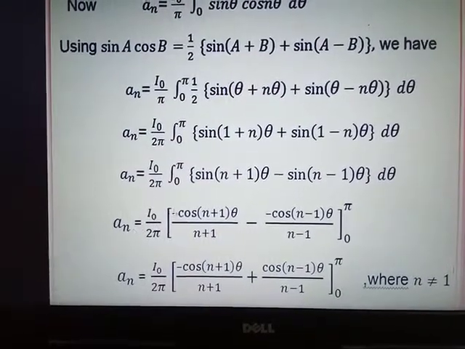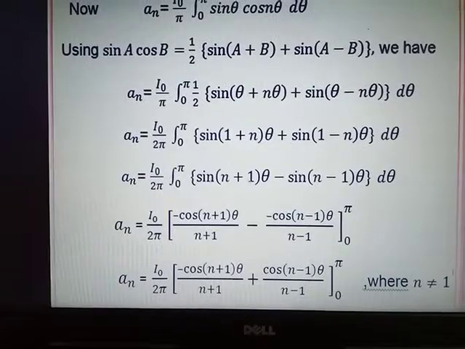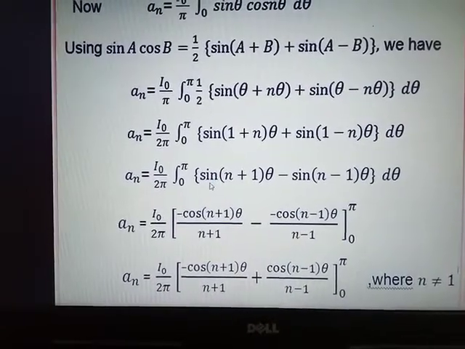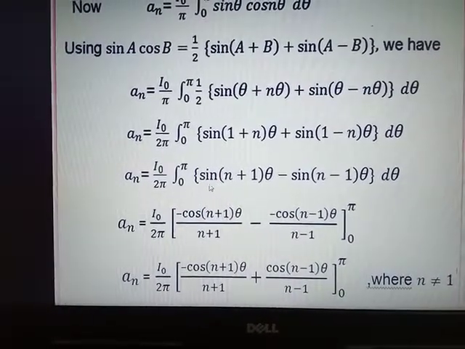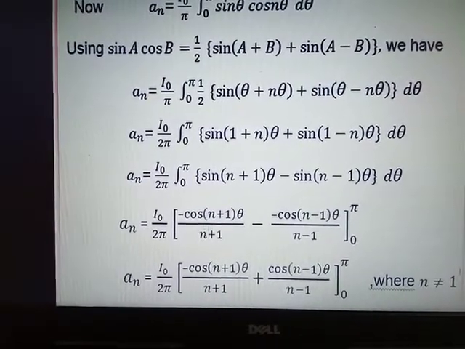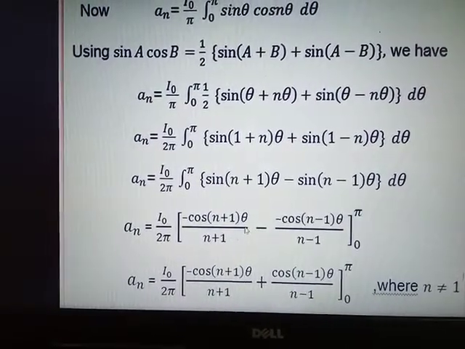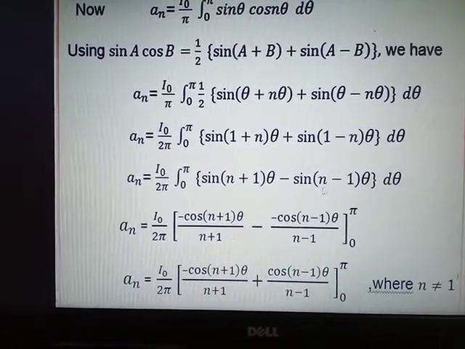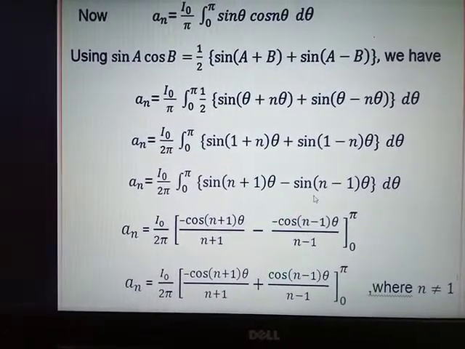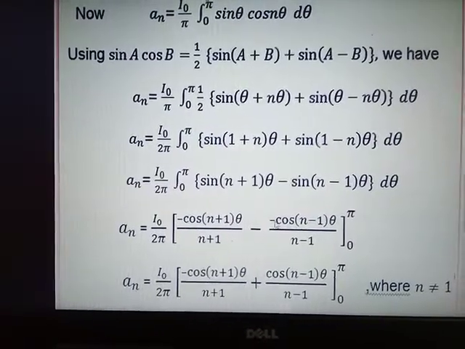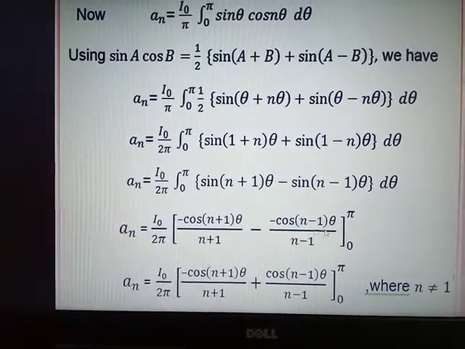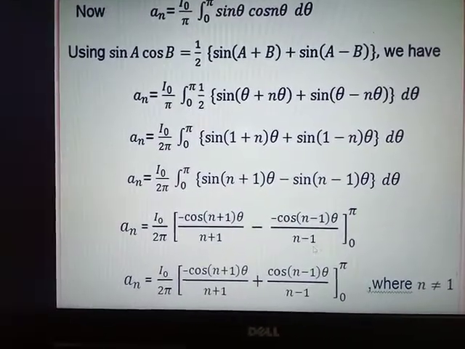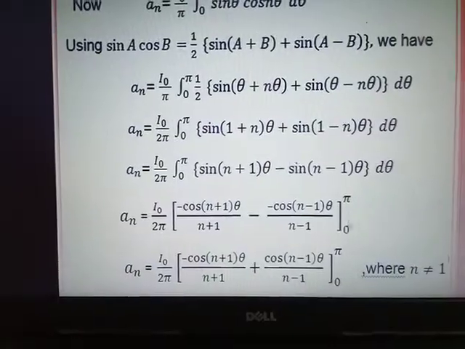an is equal to I naught by 2 pi. Integration of sin theta is minus cos theta, therefore it is minus cos n plus 1 into theta divided by n plus 1, minus the integration of minus sin, which gives minus cos n minus 1 into theta divided by n minus 1, limits from 0 to pi.